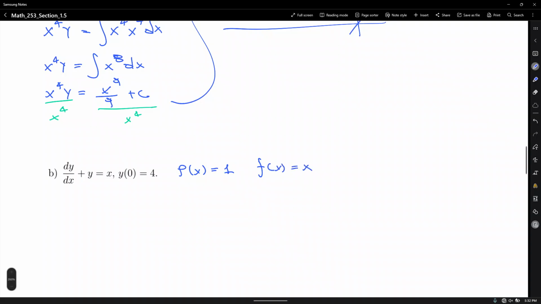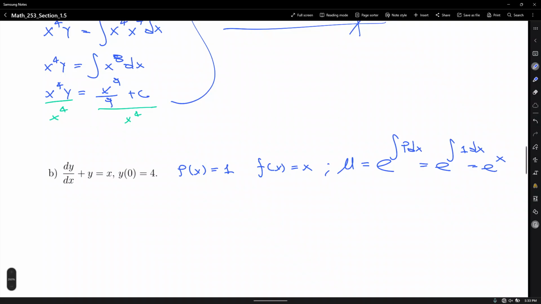Okay. Now mu equals e to the integral of p dx, which equals e to the integral of 1 dx. Well, the integral of 1 is just 1 times x. So that's e to the x, all right?